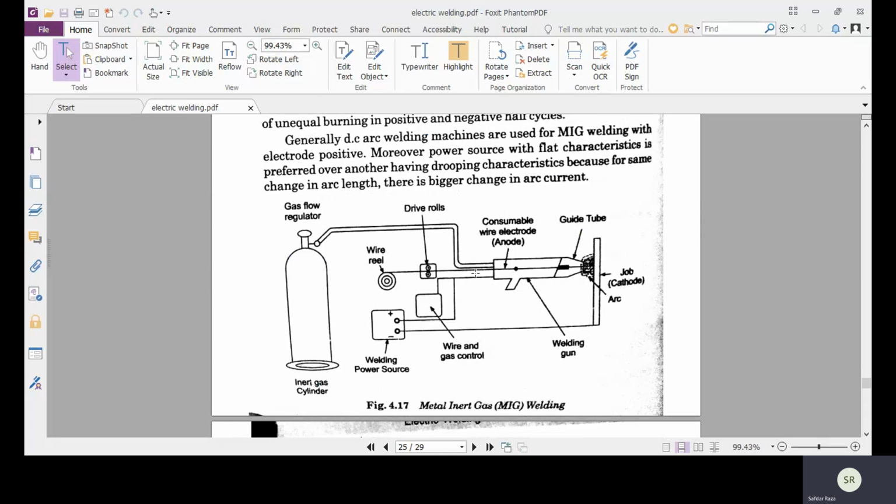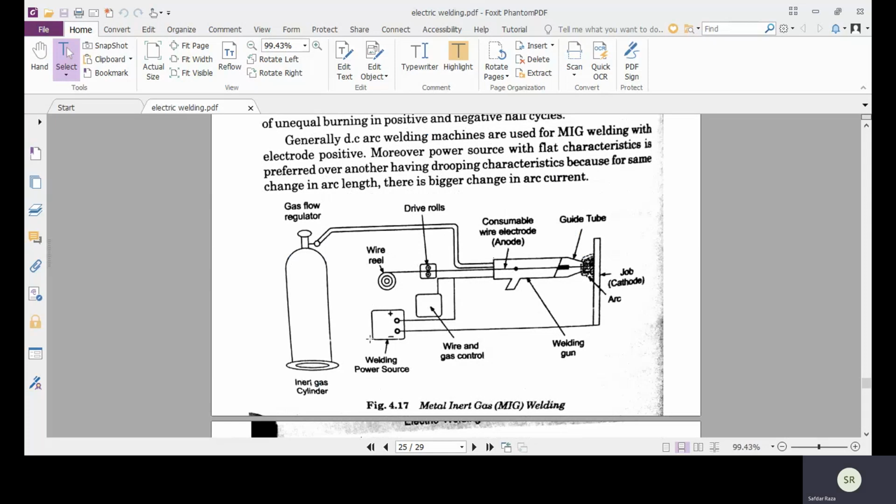There is also the gas regulator and inert gas cylinder, and the gas also moves within this holder. After this, this is the drive roll, and this is the wire reel. Here we can control the flow of wire and the gas.